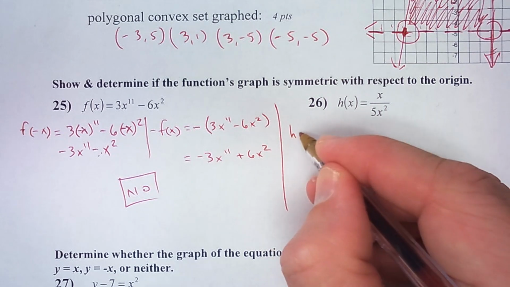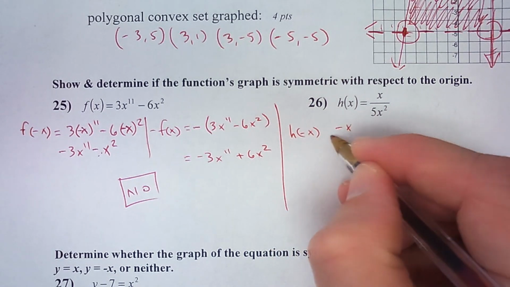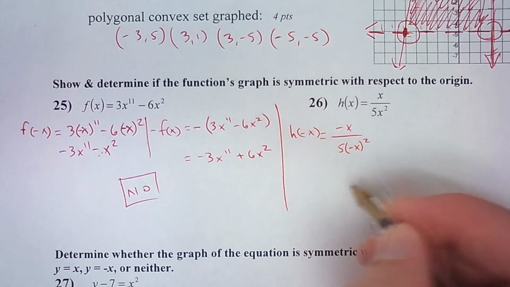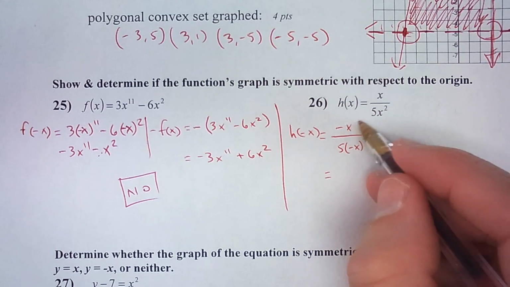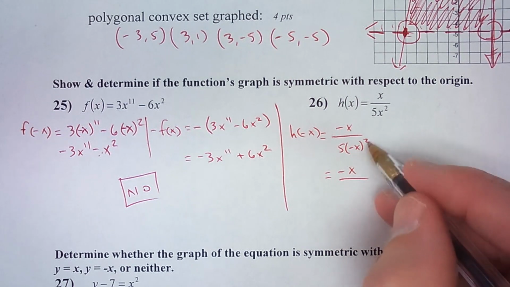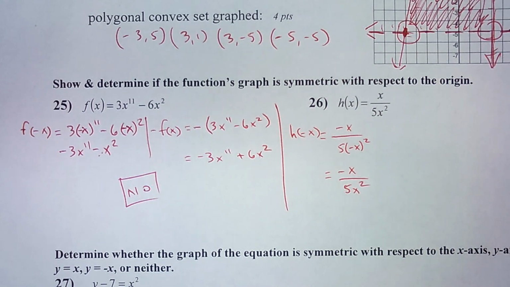So for h of x, I do h of the opposite of x, which is -x over 5 times -x squared. Now this is an odd power, a power of 1. It does not cancel out that negative. This even power does cancel out the negative.